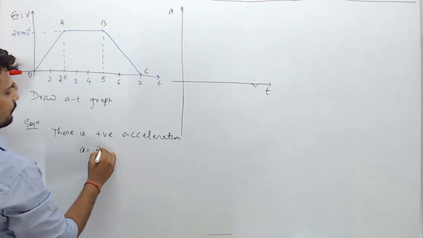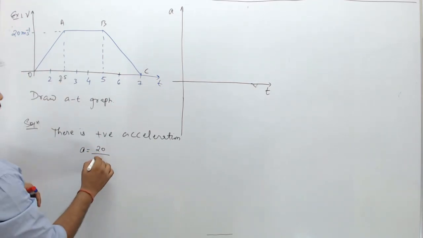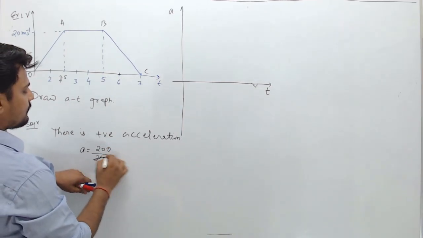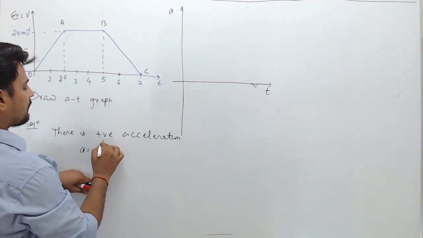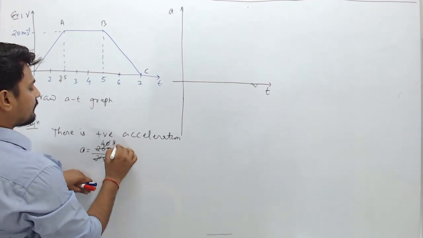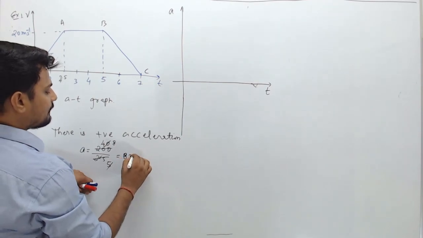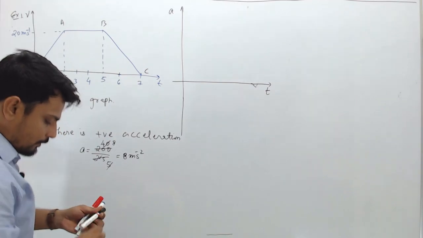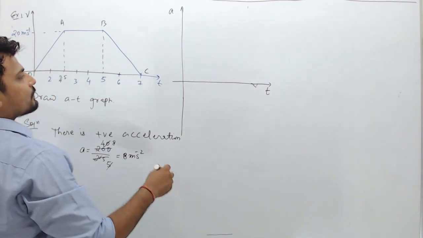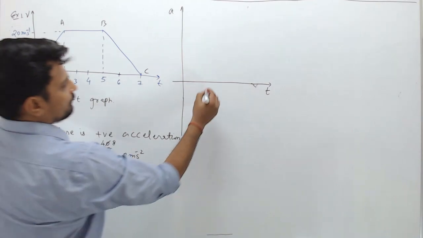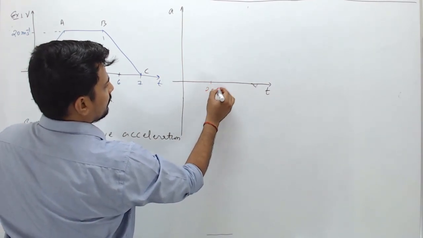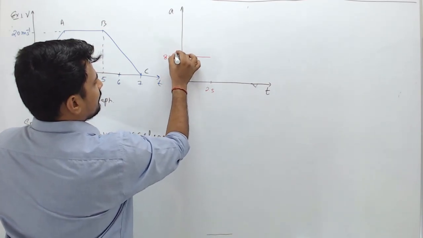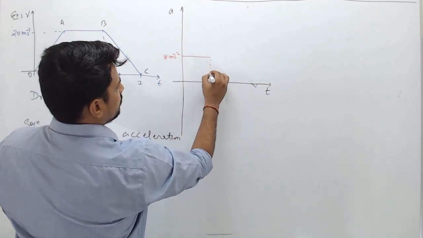The velocity is 20, time is 2.5. So 20 divided by 2.5 is going to be 8. So the acceleration from O to A is 8 meter per second square. The time is 2.5 seconds, so acceleration is a positive 8 meter per second square from 0 to 2.5 seconds.